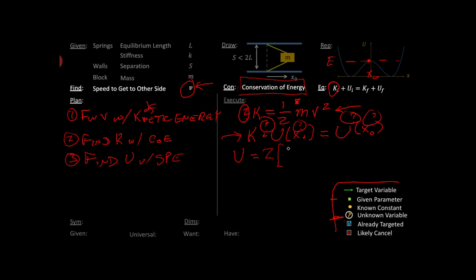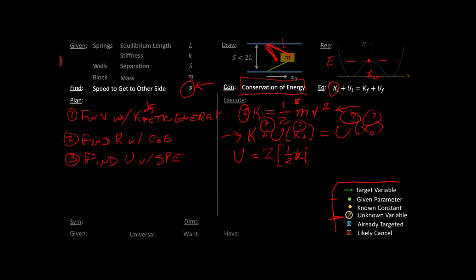The potential energy of a spring, which you will remember, is 1/2 k times x squared. But x is the difference between the current length of the spring and the equilibrium length of the spring.